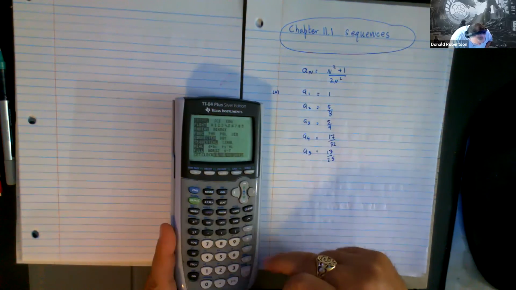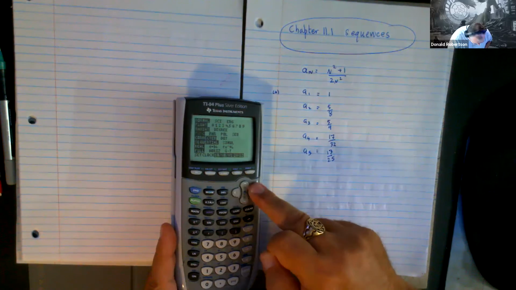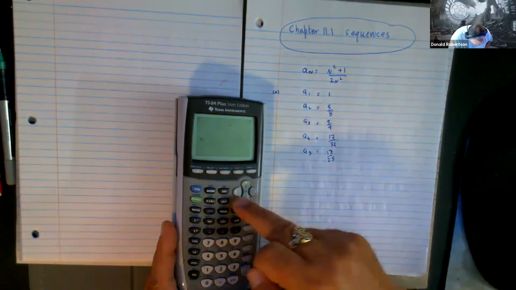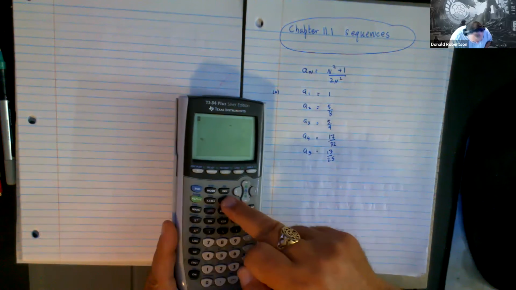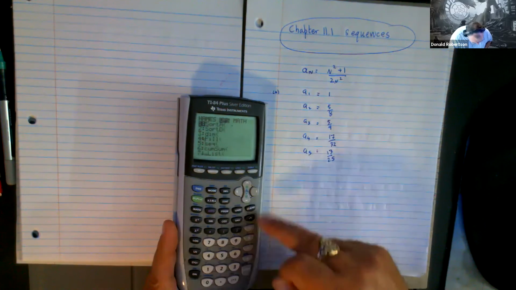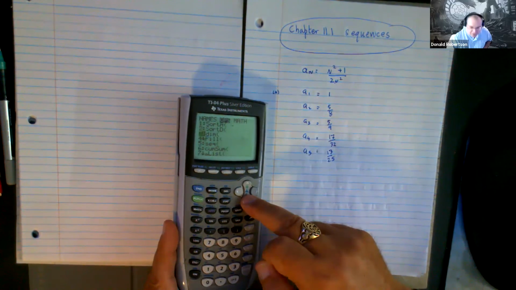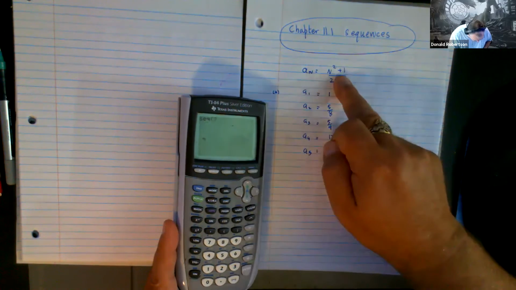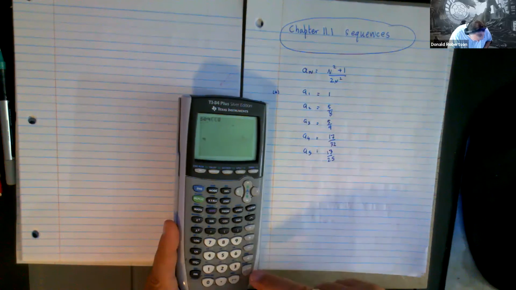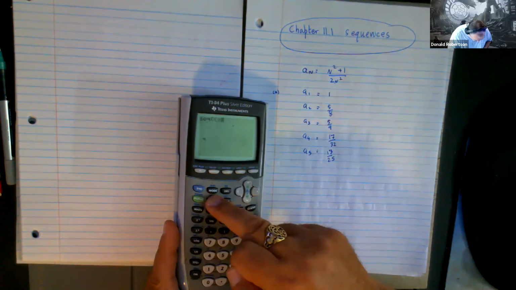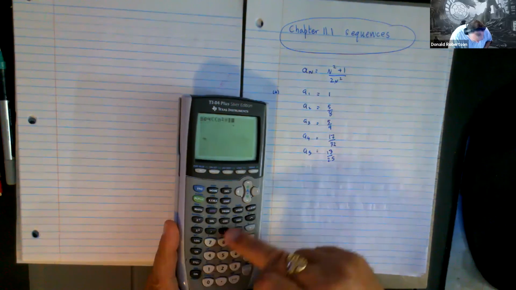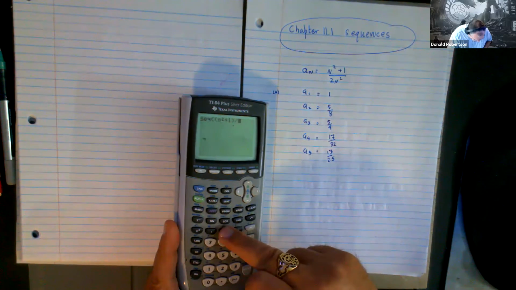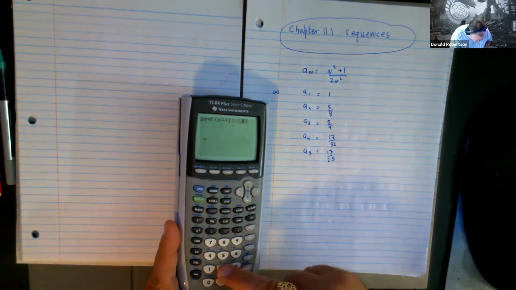Or you could do, because I'm not very good at counting, you could make sure that your calculator is set up on sequences. And then you could go second list, go to operations, choose option 5, which is sequences. And then to do something like this, you have to be careful with brackets. So bracket n squared plus 1, close the brackets, divided by, start another bracket, 2n squared.